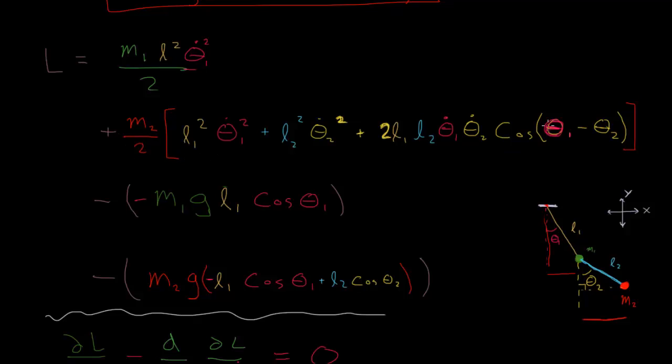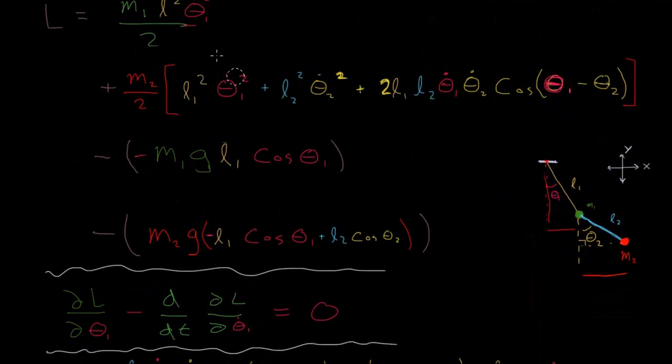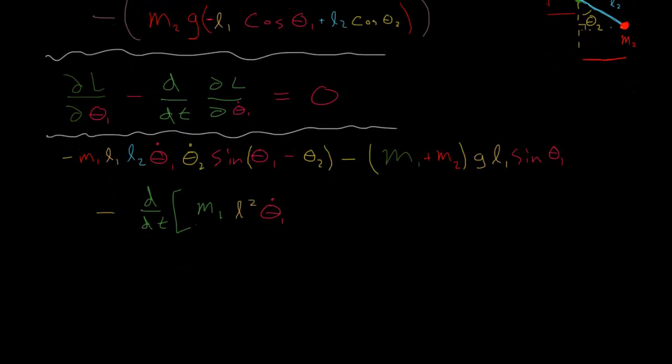And now we can look at this term here. So we see that this one contains the theta 1 dot. So I'll just rewrite this one. This one is, and this one's going to look the same, right? It's going to have a 2 come down and cancel this 2, and then we'll have a first power, but it'll just be M1 times that stuff.